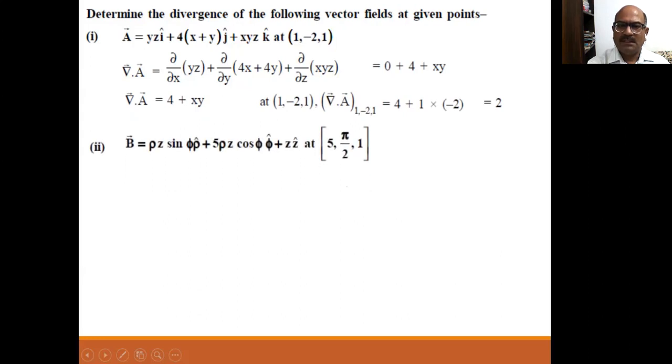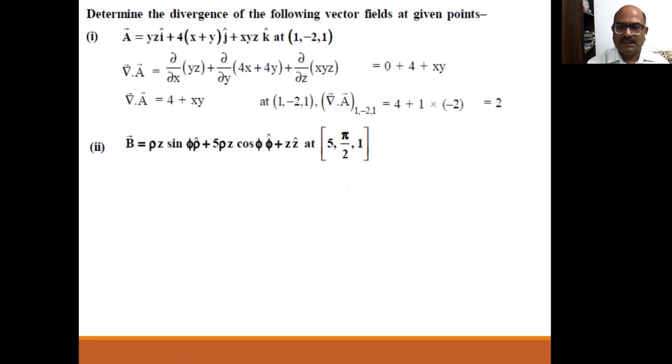Now the second part says that P is equal to rho z sine phi rho cap plus phi rho z cos phi. So if you see this equation, you can easily make out that this is not in x, y, z, but in rho, phi, and z. So you can easily understand that the environment is not Cartesian, the environment is cylindrical.